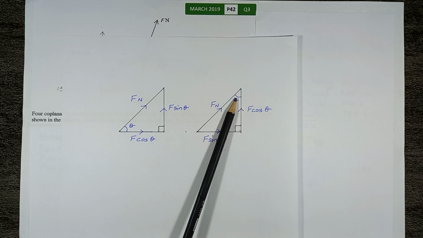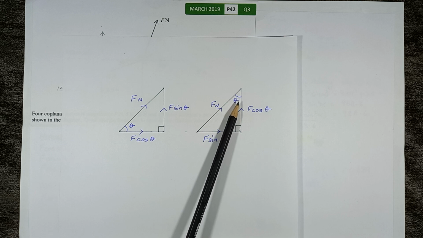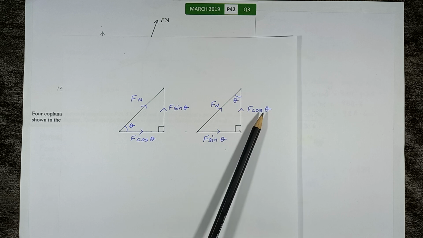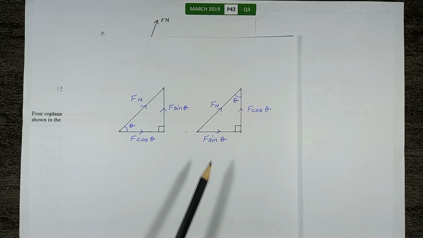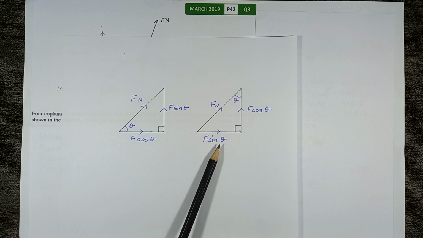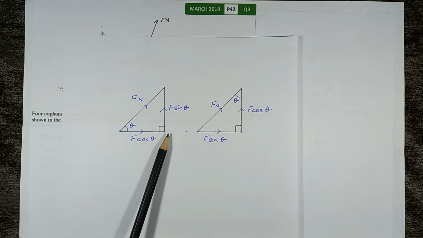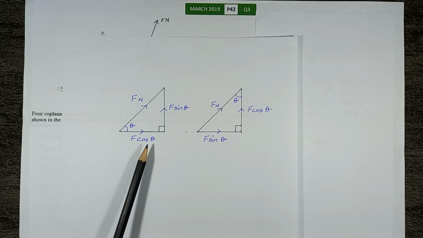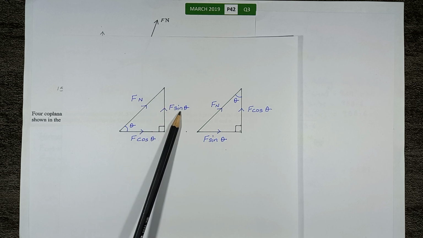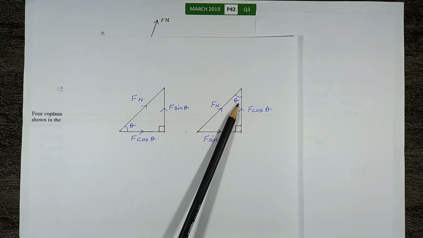Similarly, if this is the angle given to us in the diagram, then the side next to it would be the cos component side and the opposite would be the sine component side. So it is not like the horizontal component would always be cos and the vertical always sine. It depends upon the angle.